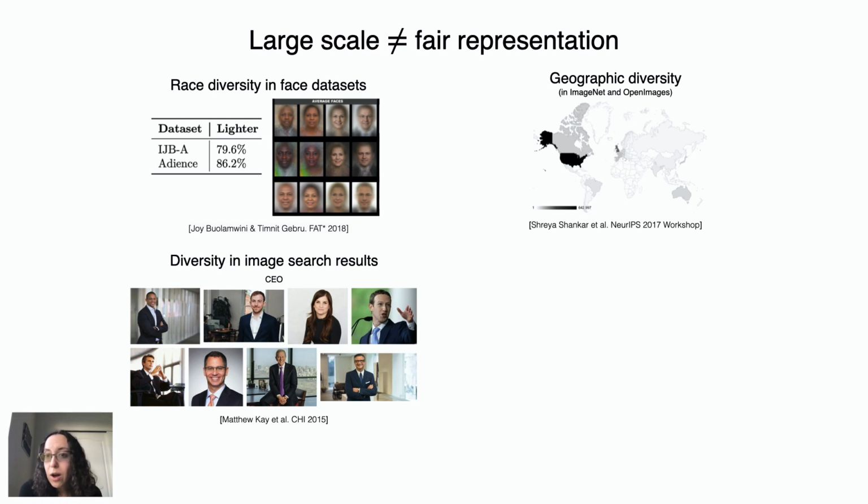And that's part of why this is happening. Another part is that search engines by design retrieve images that are most representative of the target concepts rather than images that are necessarily most diverse. And of course, when we rely on search engines as our primary source of visual data, these kinds of issues really come to light.